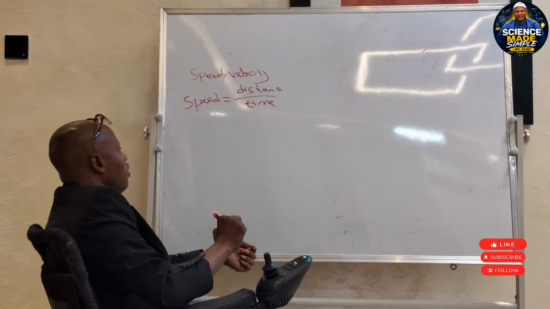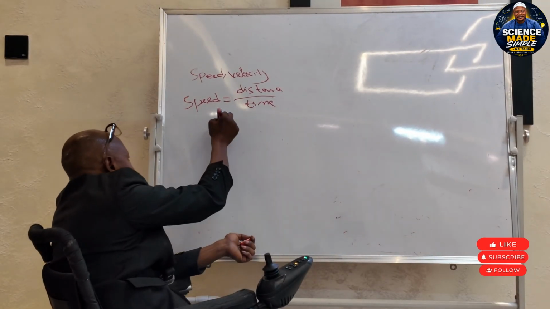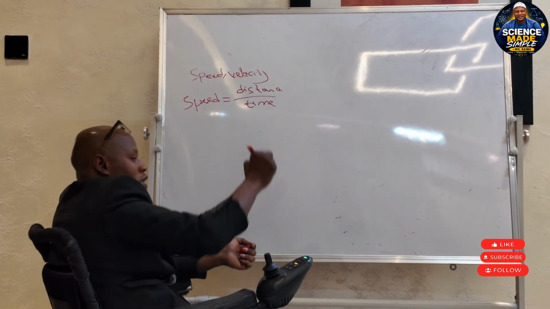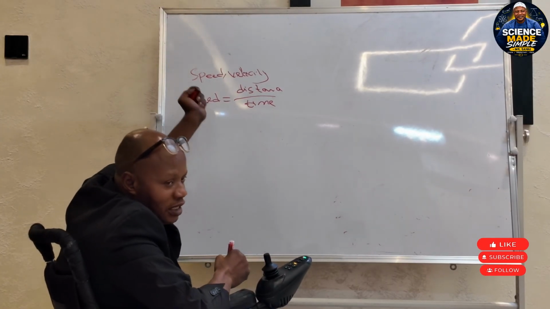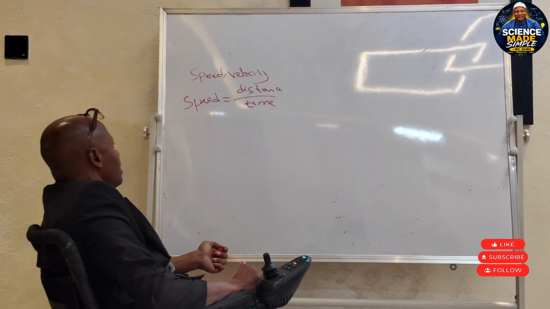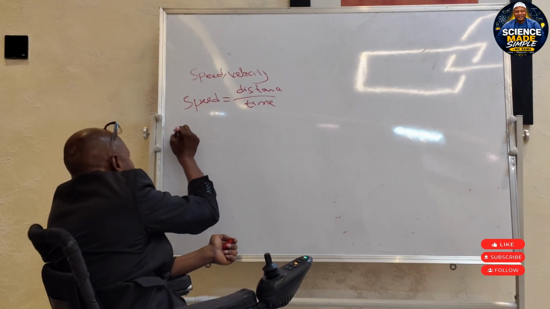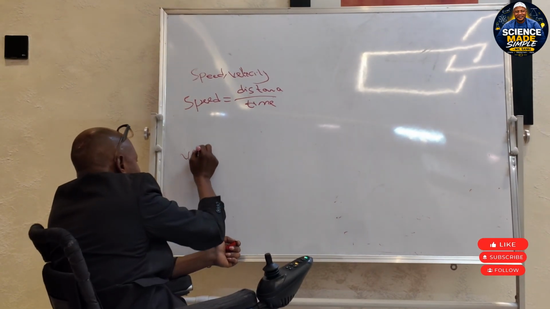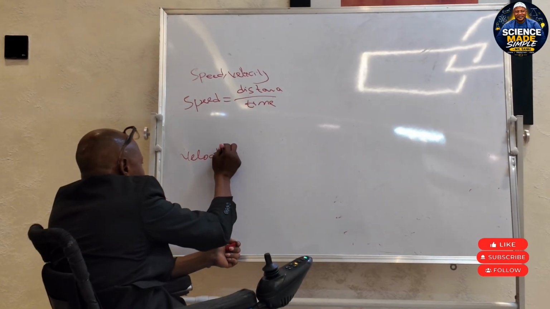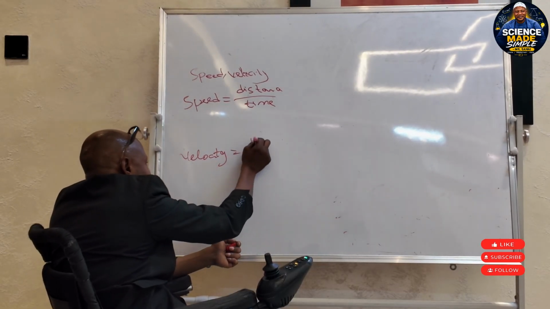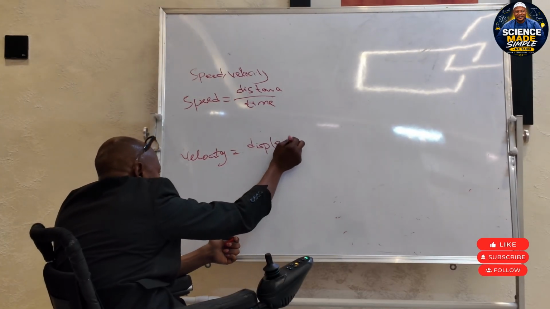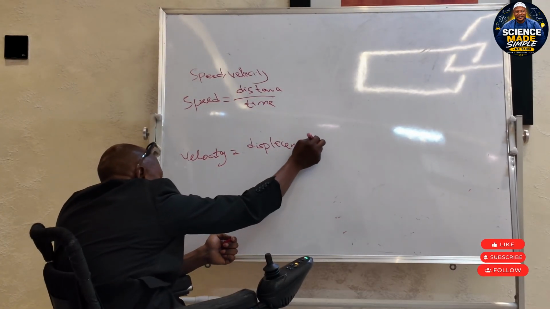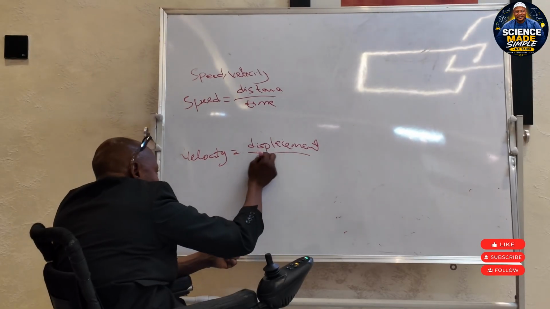Speed is distance over time. Speed is a scalar quantity because distance is also a scalar quantity. We also have velocity. Velocity is defined as the rate of change of displacement with time.